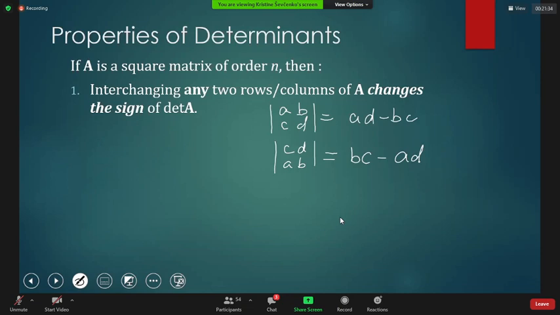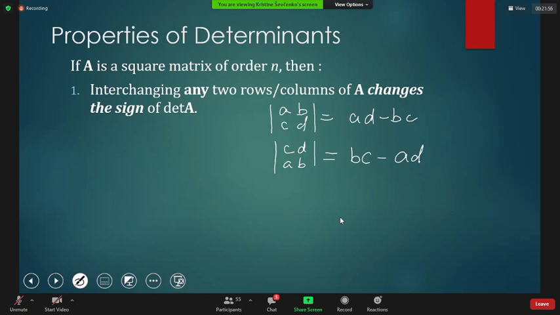So if this happens in a small determinant, like 2 by 2 determinant, then, for example, if I have a bigger determinant, a 3 by 3, if I expand it by the row not exchanged, I will see that all the minors will have changed the sign to opposite, and therefore the whole determinant changes the sign to opposite.